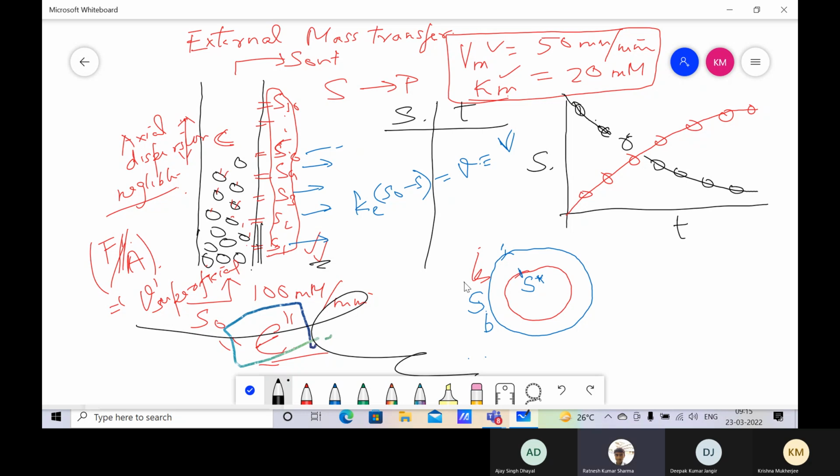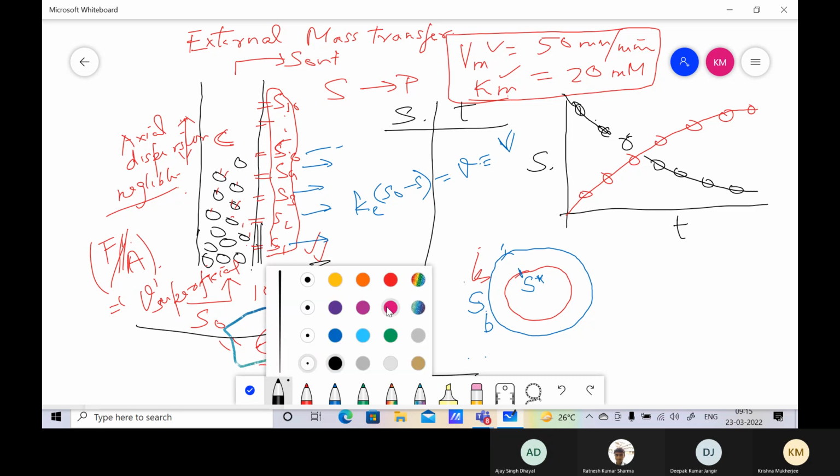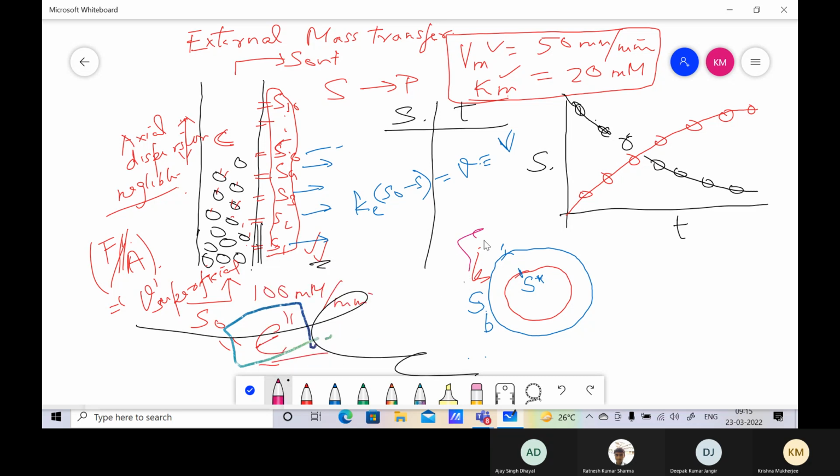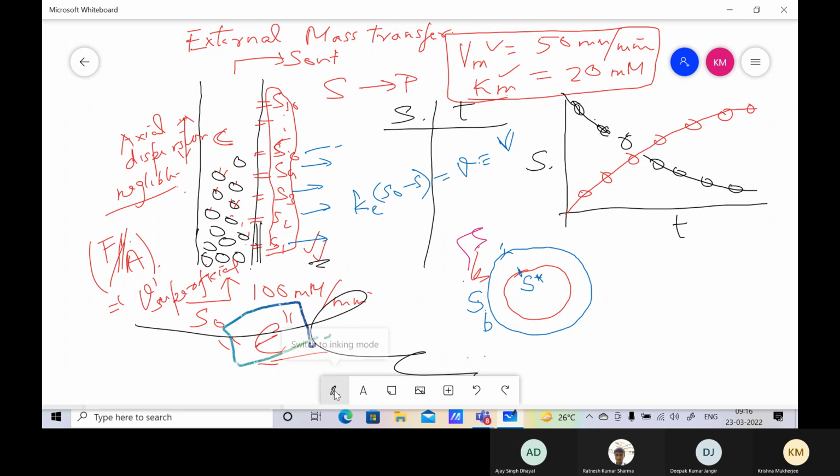I disconnected my instrument, so I need to. Come on. Oh yeah, it's working. What happened? Why did it turn black? Oops. Where's the black one gone? Magenta pen? There's a magenta pen now. Okay, fine, whatever it is, magenta is fine.